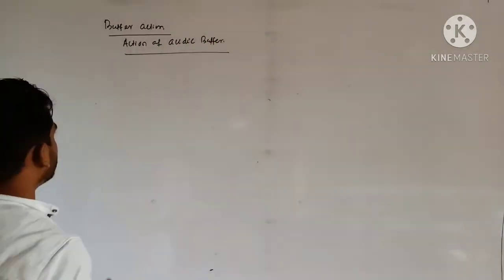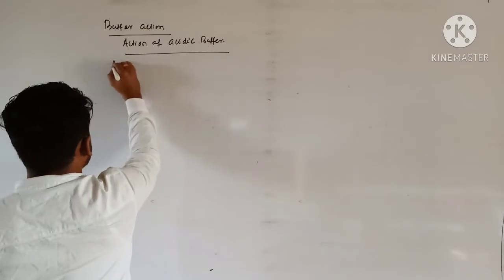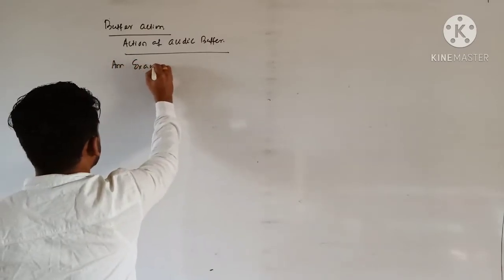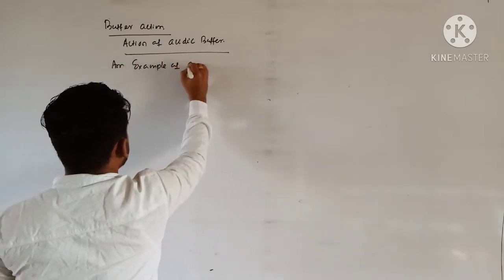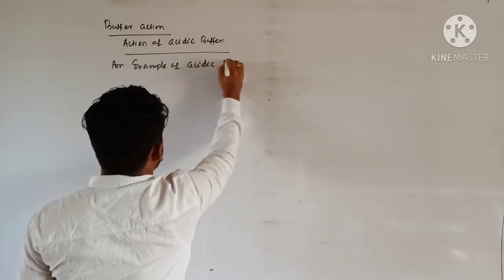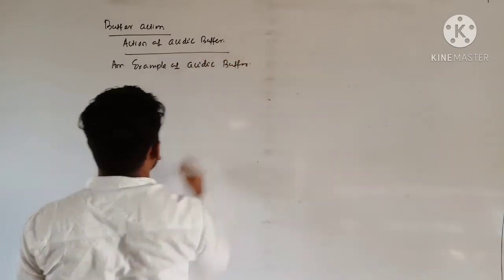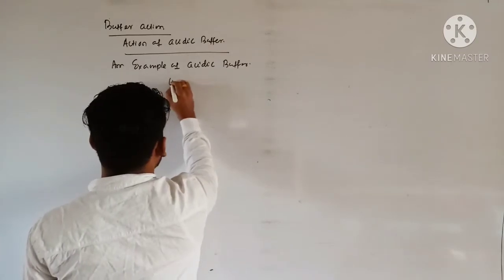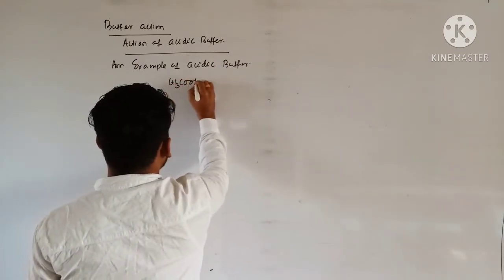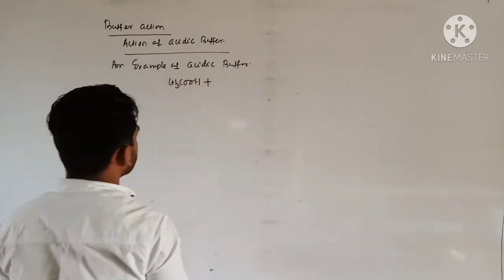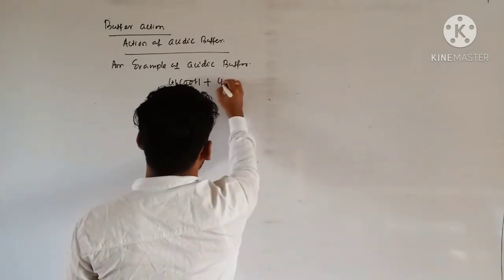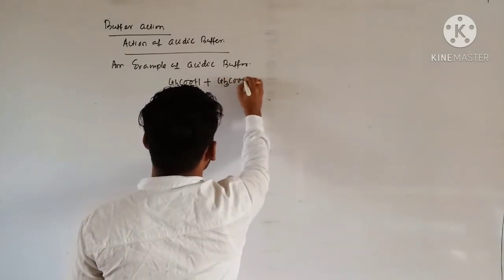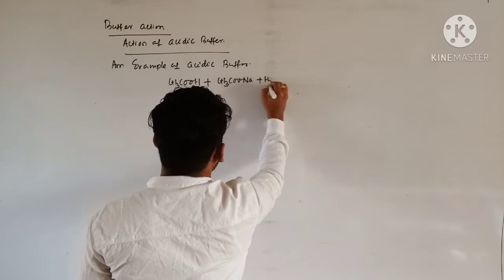An example of acidic buffer is CH3COOH plus CH3COONa plus H2O.